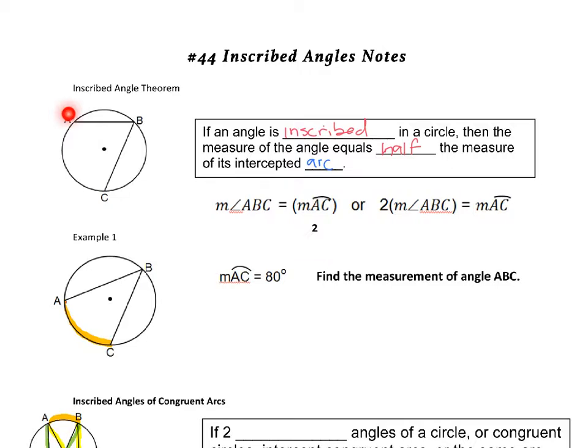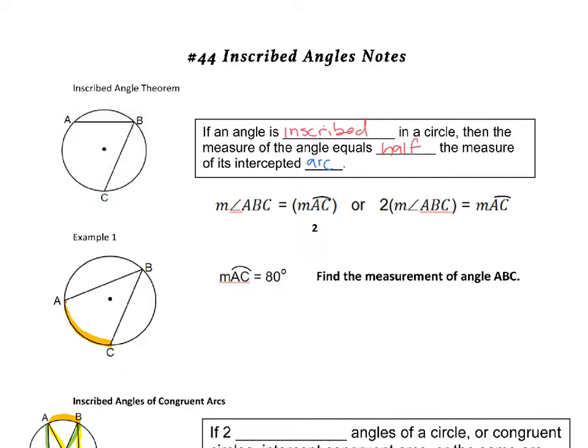So let us look at what the inscribed angle theorem states. It states that if an angle is inscribed in a circle, then the measure of the angle equals half the measure of its intercepted arc. An inscribed angle, as you notice right here, is an angle created by two chords inside of a circle, where these two chords meet at a common vertex.